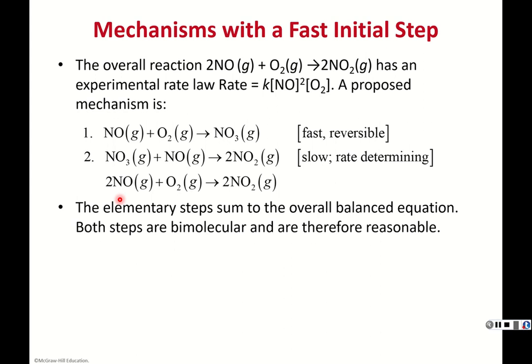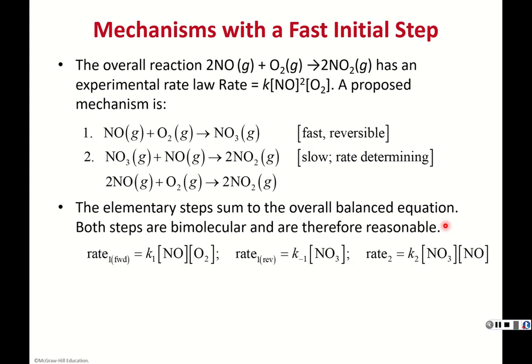Okay. The elementary steps do sum up to the overall balanced equation. Both steps are bimolecular and therefore reasonable. We don't have anything crazy going on. If we look at the rate for the first reaction in the forward direction, since this is fast, it means it's reversible. So the rate in the forward direction would be k1[NO][O2].